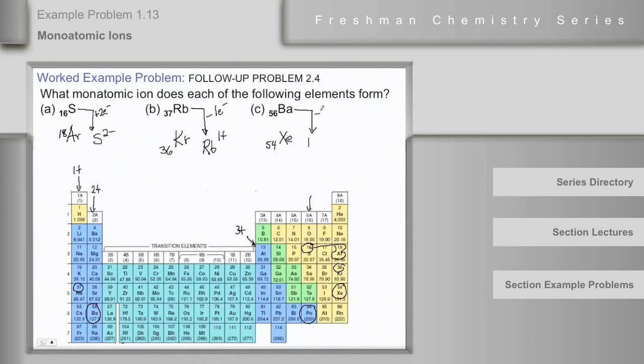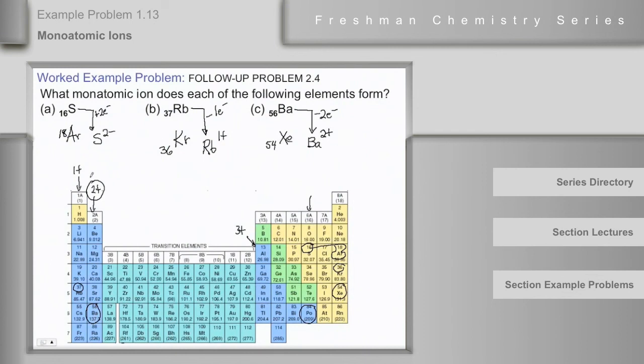So this is minus 2 electrons. This would leave an ion that has 56 protons and 54 electrons, so that would leave net 2 positive charges. Using this idea, we predict that barium from group 2A would in fact form a di-positive ion.